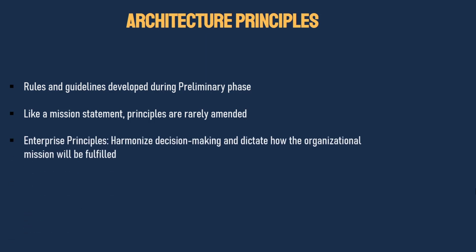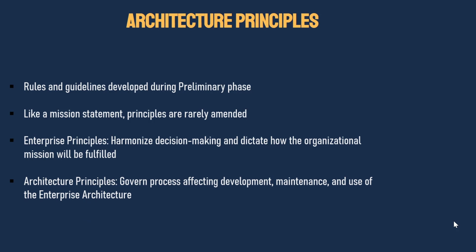Enterprise principles harmonize decision making and dictate how the organizational mission will be fulfilled. Architecture principles, on the other hand, govern processes affecting development, maintenance, and use of the enterprise architecture.